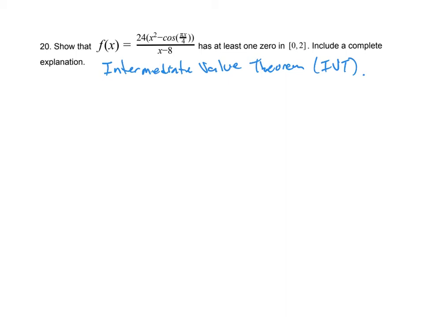Okay, the reason I know that the IVT applies here is all of the problems that we've been practicing that apply this theorem show that a function has at least one zero on a closed interval. And then we're going to include an explanation. So we're going to apply the intermediate value theorem. We're going to mention it in our explanation. Okay. So first of all, we need a function on a closed interval, a continuous function on a closed interval.